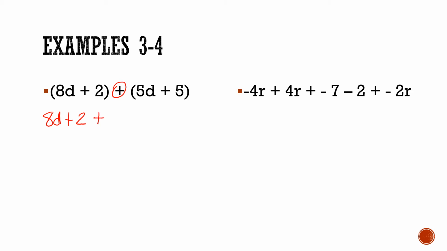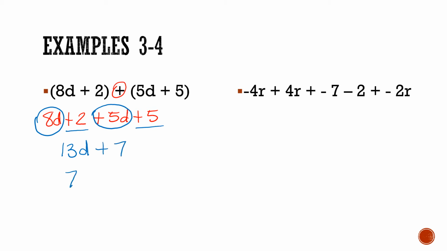So plus 5D plus 5. Then we're going to combine our like terms. So 8D plus 5D is 13D. And 2 plus 5 is 7. And that can be written as 7 plus 13D. So either one of those answer choices would be correct.